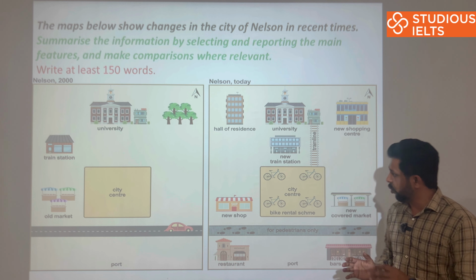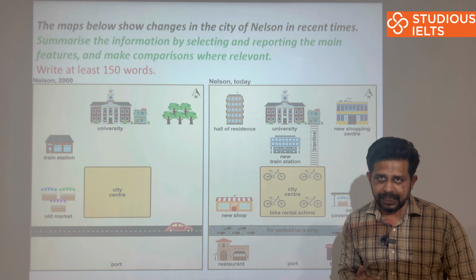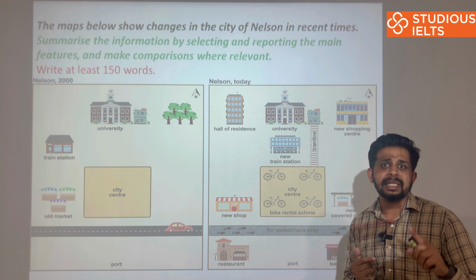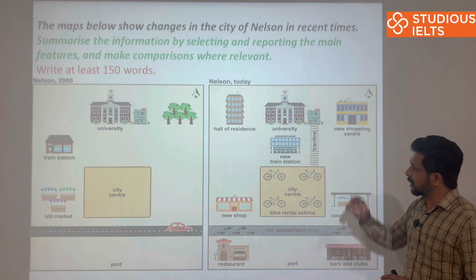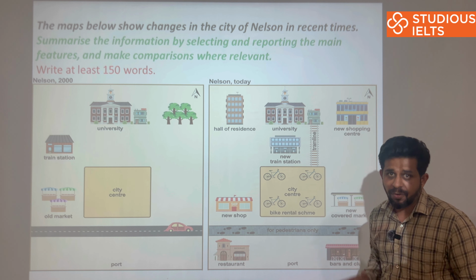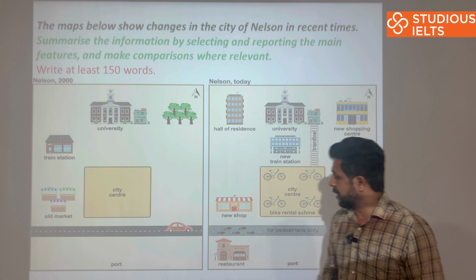In this picture, you will see two different pictures of the same place, but with two different years or two different time frames, as well as some alterations in this particular picture from the previous one. What do we have to do? First of all, we will have a good look at the question itself, what the prompt asks us.